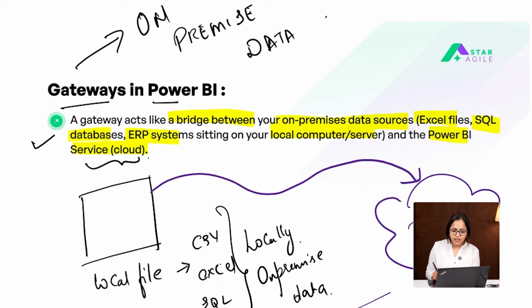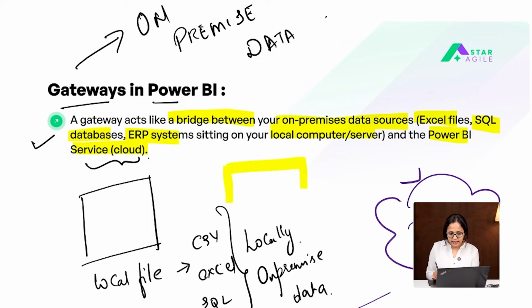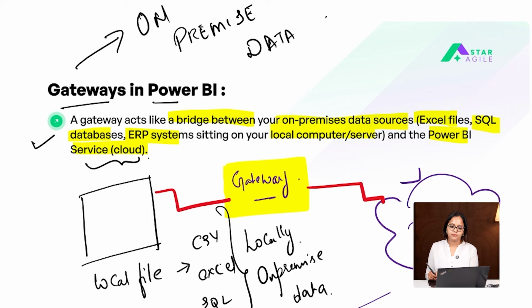So there is an interface, guys, that comes in the middle. For this connection purpose, you have an interface, okay? And that interface is called a gateway, which is why it acts as a bridge between your local file and your cloud, which is why configuring this is very important for on-premise data.